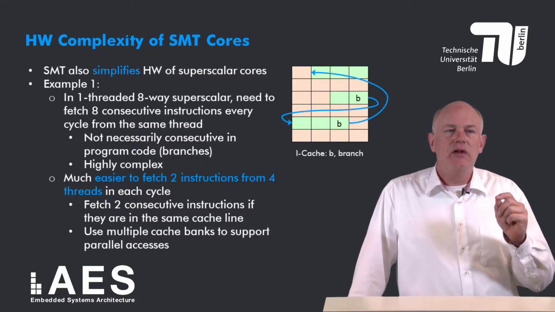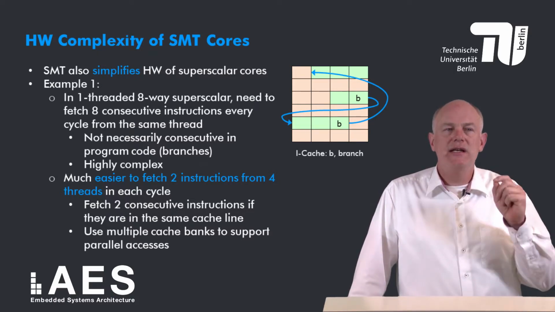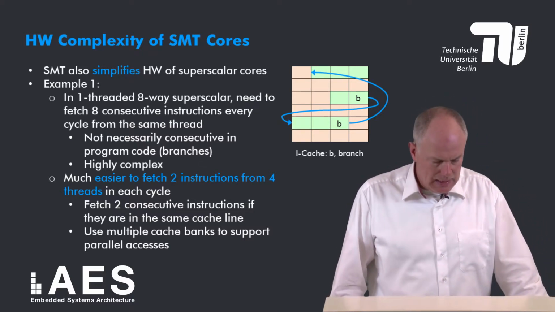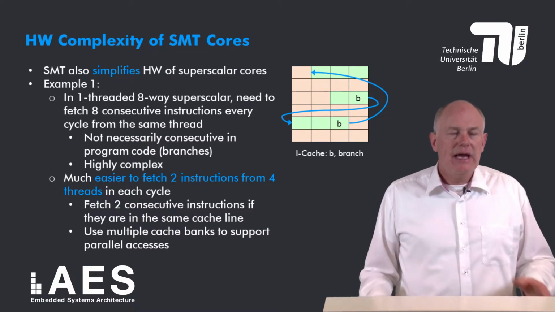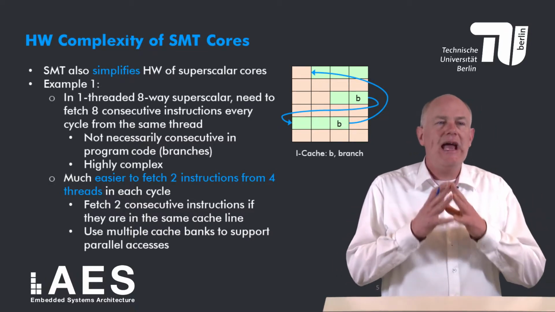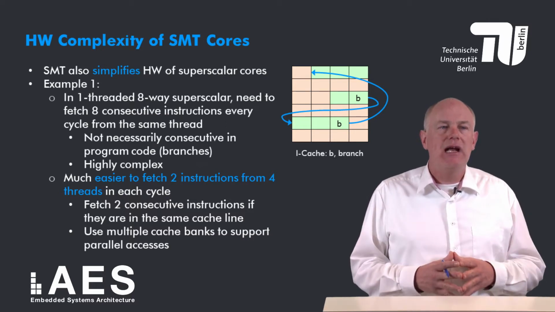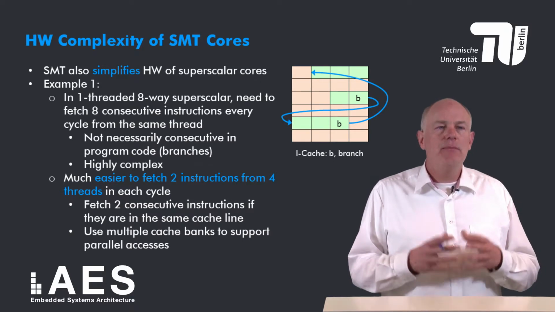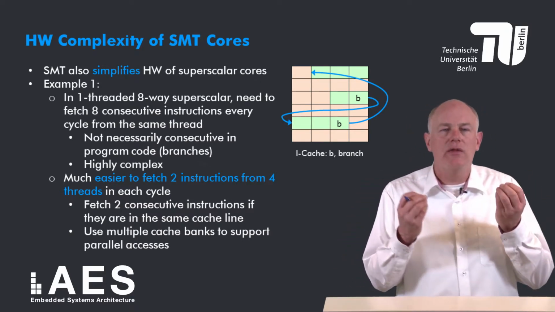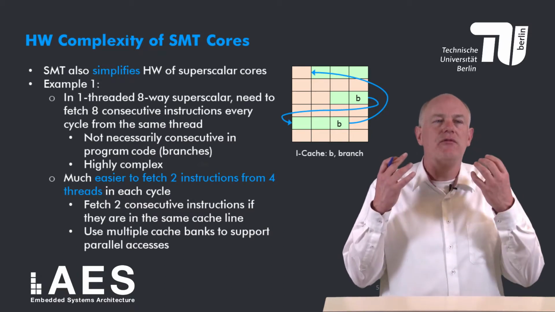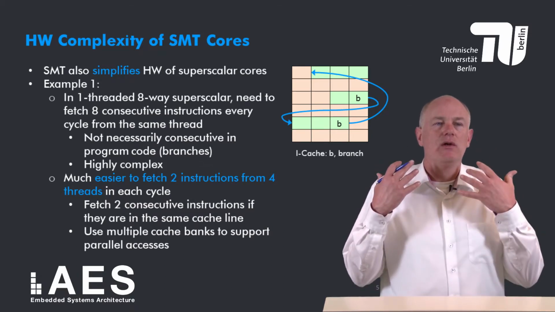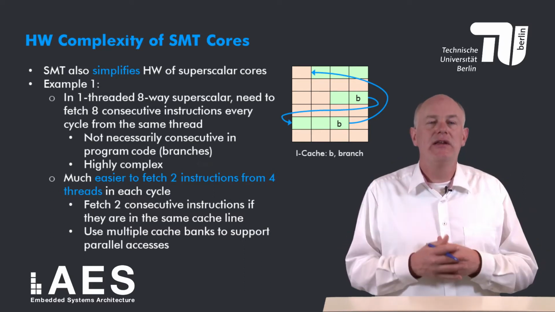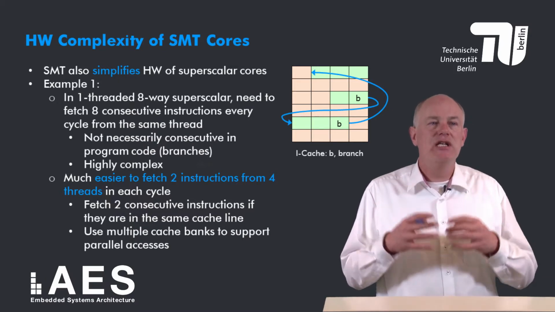SMT, simultaneous multithreading, also makes the design of hardware of superscalar cores simpler. Let's look at an example. If we have an 8-issue superscalar and we execute only one thread on it, then we need to make sure that the front end, the instruction fetch unit, is able to fetch 8 consecutive instructions in the dynamic execution order every cycle.